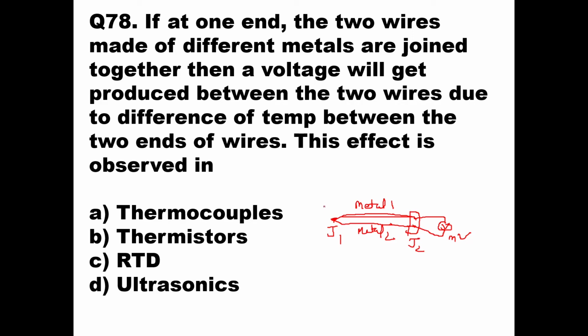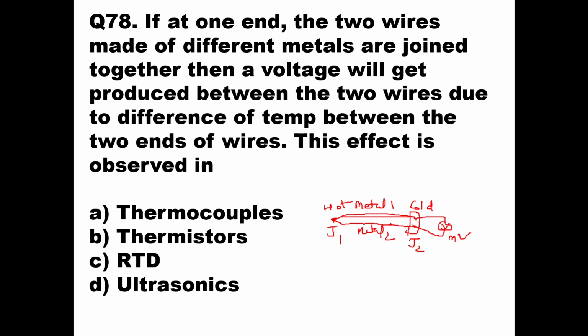So junction J1 will be called the hot junction, and junction J2 will be called the reference junction or cold junction, whose temperature you know, but you don't know the temperature of junction J1. So the difference between the temperatures of the two junctions, and depending on the metal 1 and metal 2 composition, we can get a small millivolt at the output, which can be taken as a voltage proportional to the hot junction.